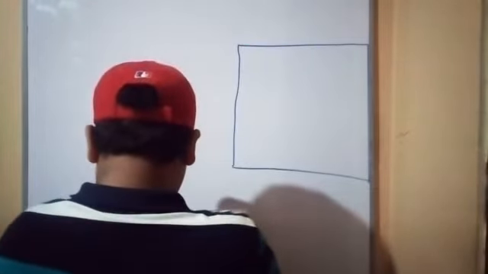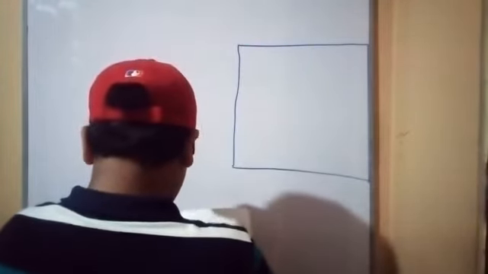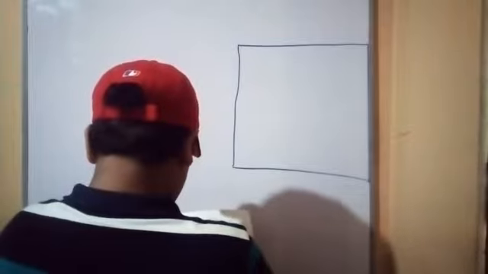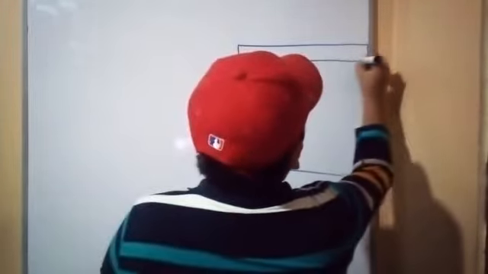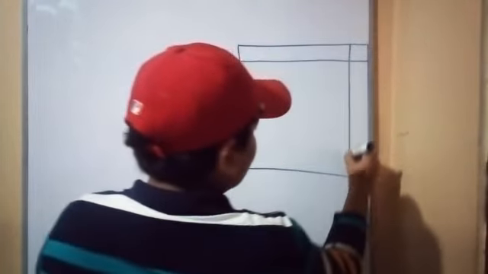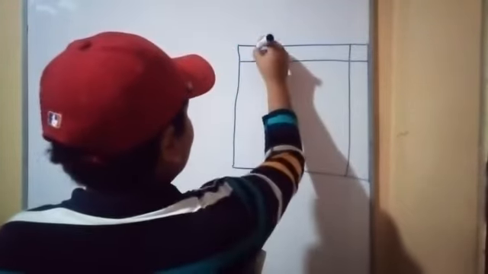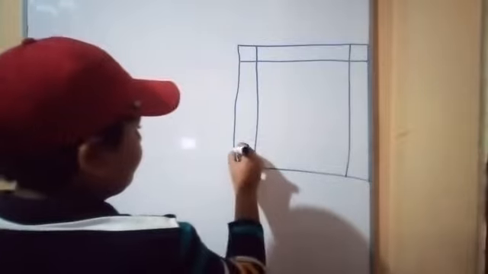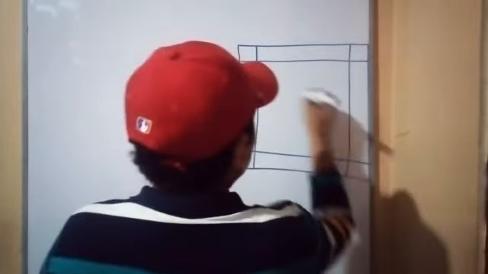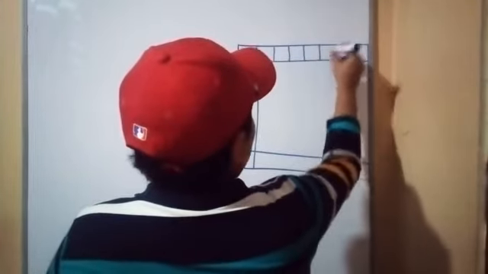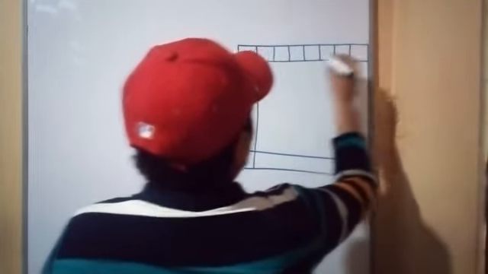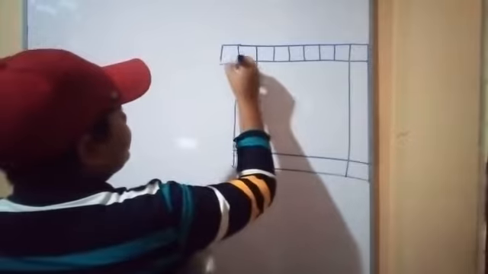Now there are 1, 2, 3, 4, 5, 6, 7, 8, 9 across, and 1, 2, 3, 4, 5, 6, 7 down.